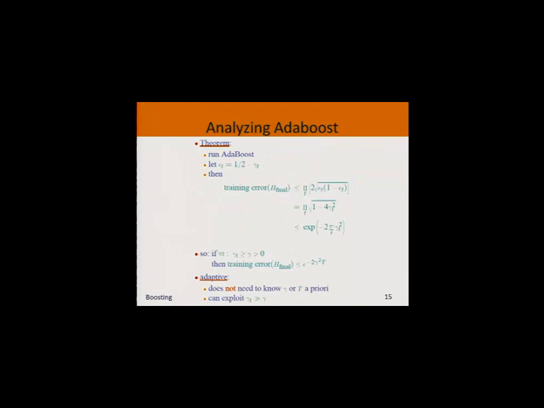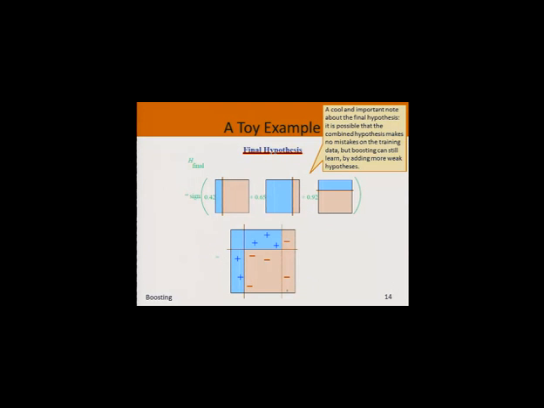That's how I do it, exactly. I take the hypothesis, the prediction of the hypothesis, times its corresponding alpha, linear sum. So the only requirement I have is that I can always find a weak hypothesis.